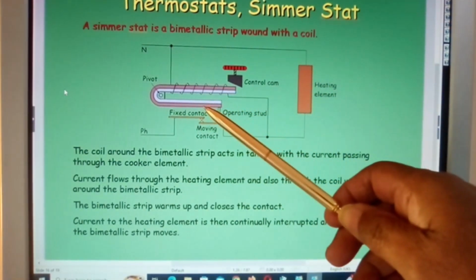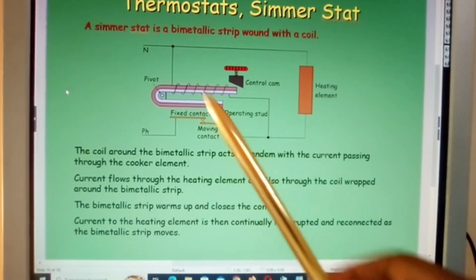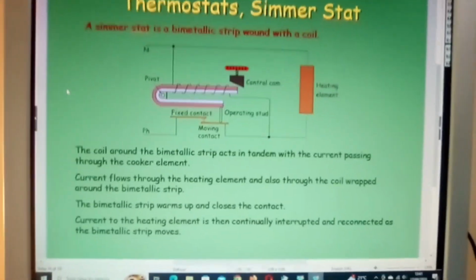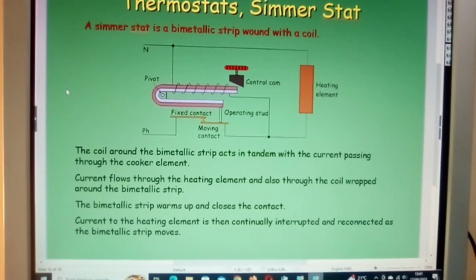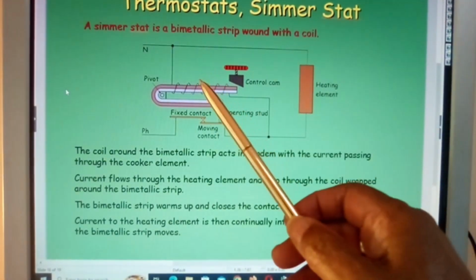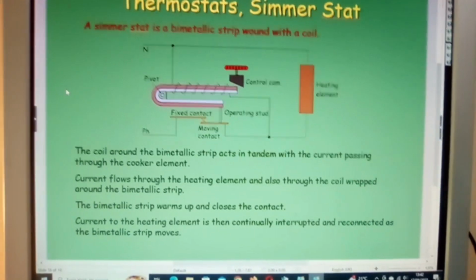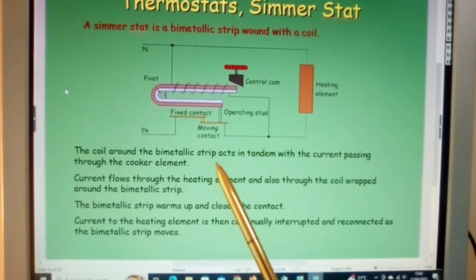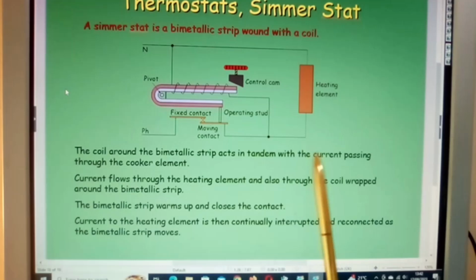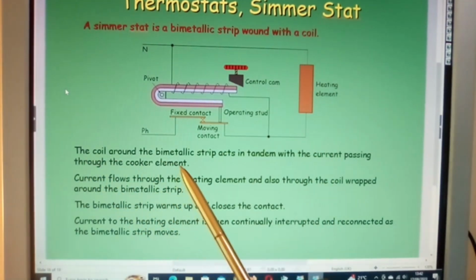So you are able to exert control by simply varying the temperature or the current at which this bimetallic strip operates. The coil around the bimetallic strip acts in tandem with the current passing through the cooker element.